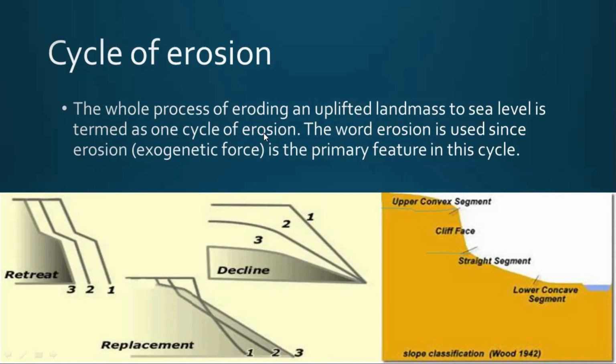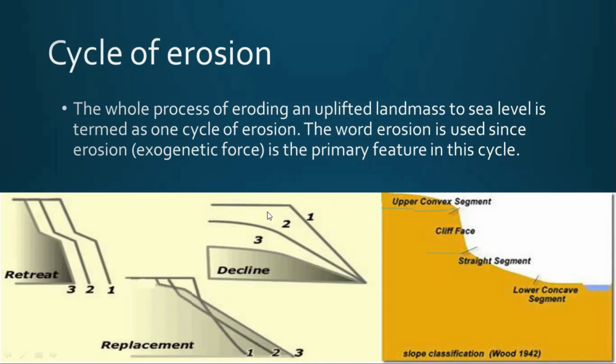Now, since most of the Earth's features are lakhs of years or billions of years old, we hardly see one cycle of erosion; we can see polycyclic erosion. Now that is another issue, but this is the cycle of erosion. The word erosion is used since erosion is the primary force of action in this entire process of bringing the uplifted landmass back to sea level.